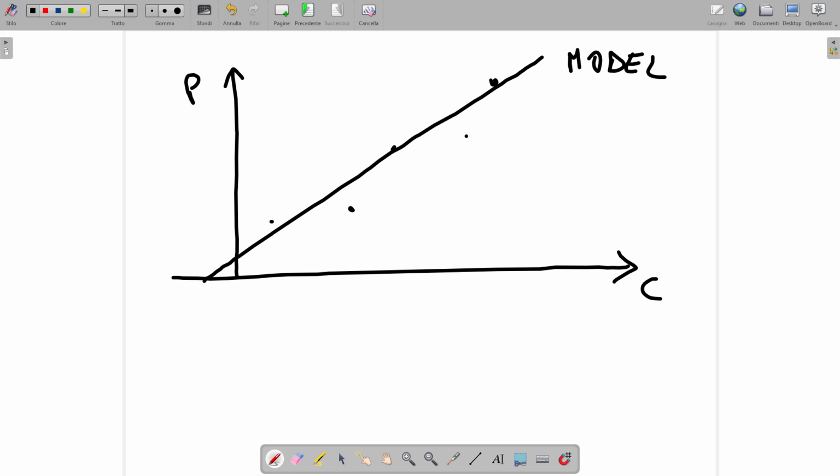And now we need to associate the concentration interpolated to an unknown sample, the concentration interpolated by starting from the area obtained from the unknown sample that I have symbolized by A0, and interpolating it on the model, we obtained C0.